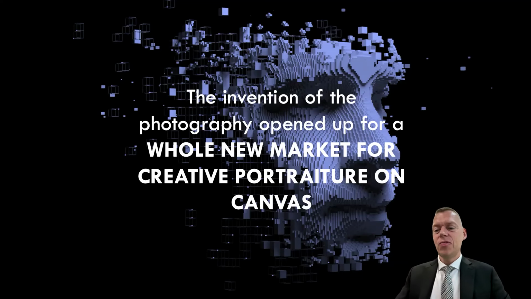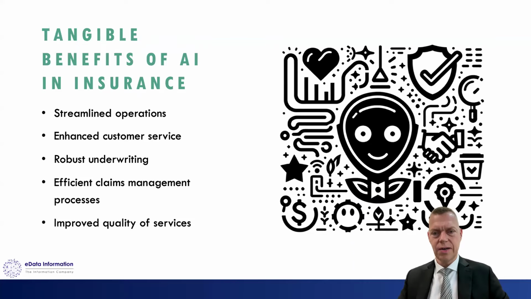Now, let me just give you a few very simple use case examples just to show you it's not that difficult to get started. And before going into this, again, I'm not going to bore you with the tangible benefits of AI in insurance. If you do automation, process optimization, if you use AI, operations can become more streamlined.